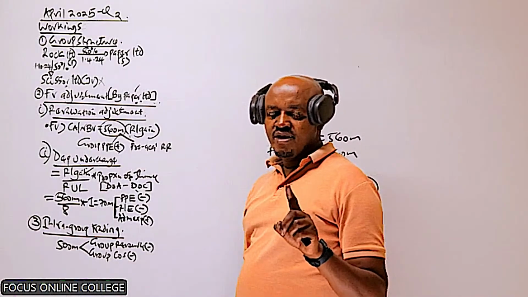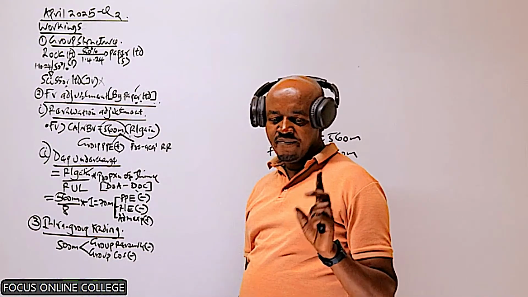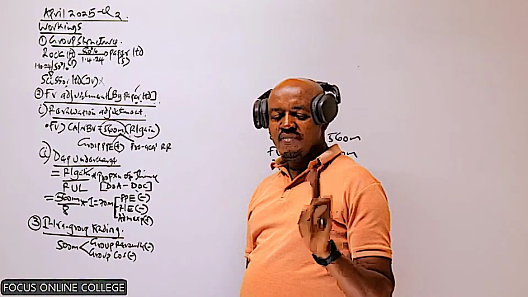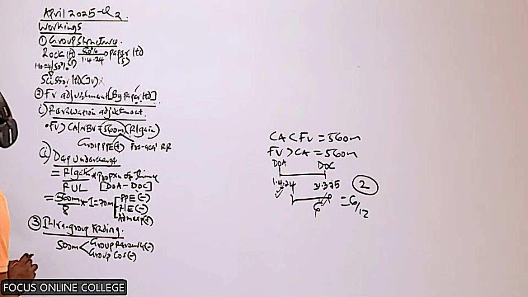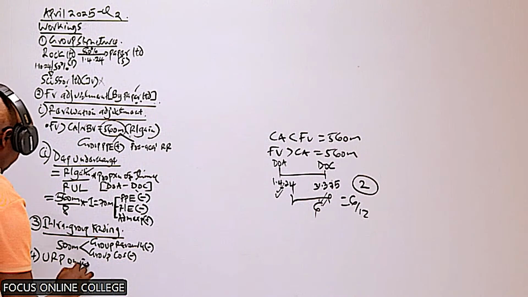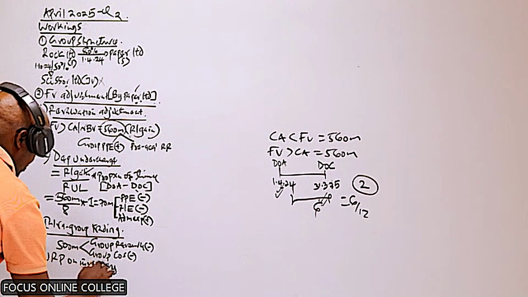The first adjustment is for unrealized profit and also an adjustment for the amount of intercompany debt. First of all, we compute the amount of unrealized profit on inventory.